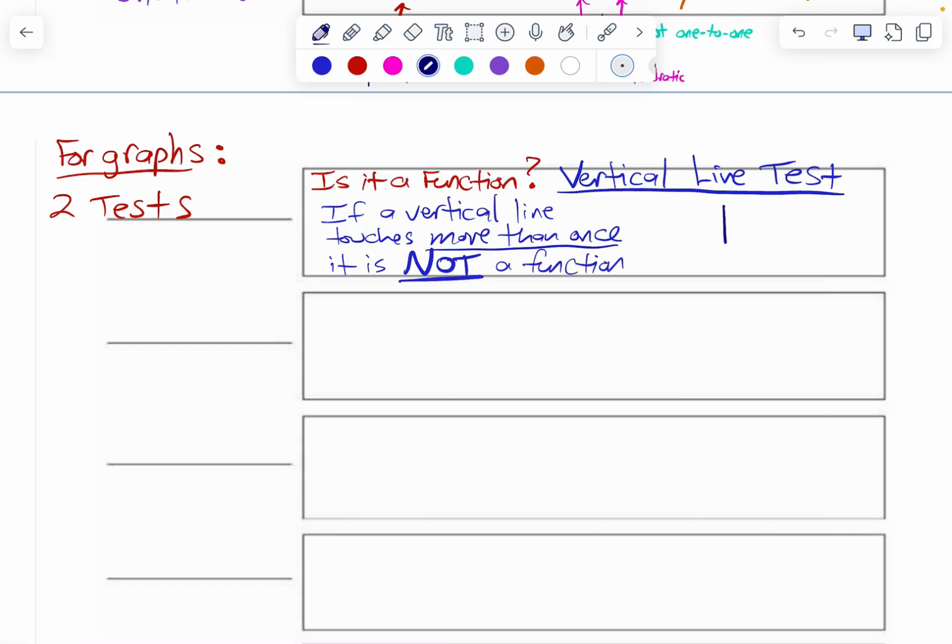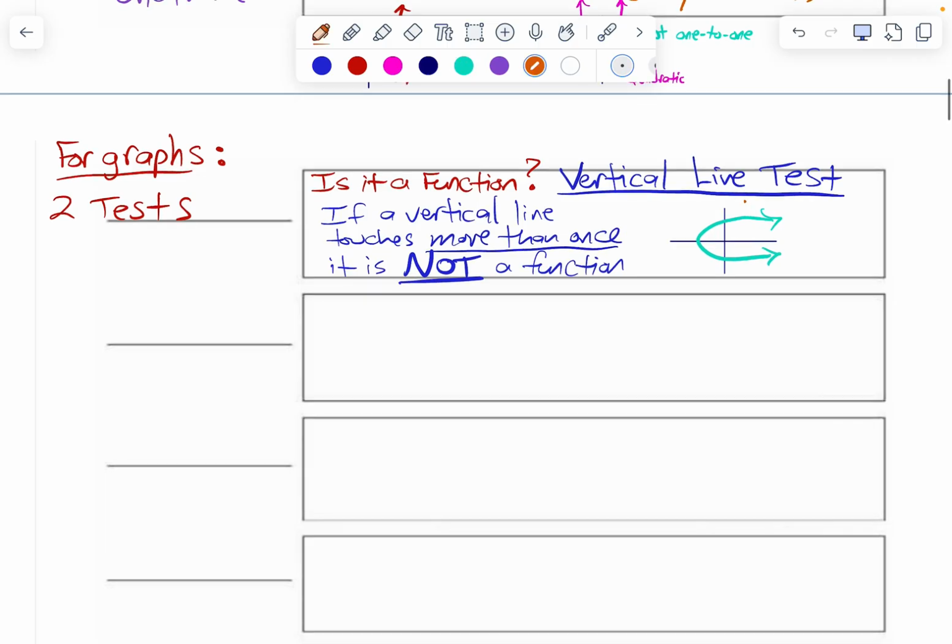So, a quick visual representation of what we're talking about here. Okay, let's say we had this kind of shape. Now, I think you guys are good enough at this point to say that's not a function. But just draw a vertical line.